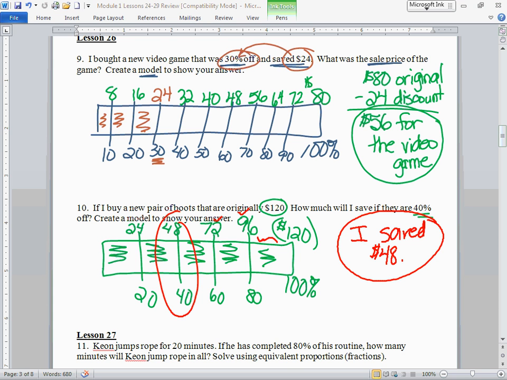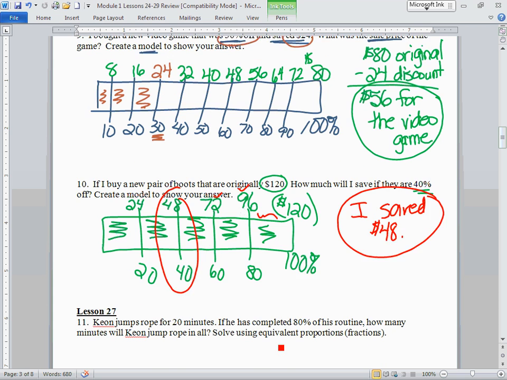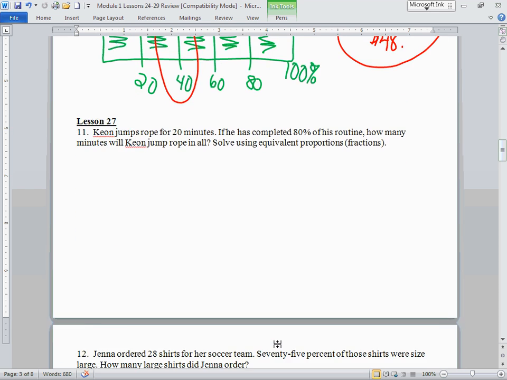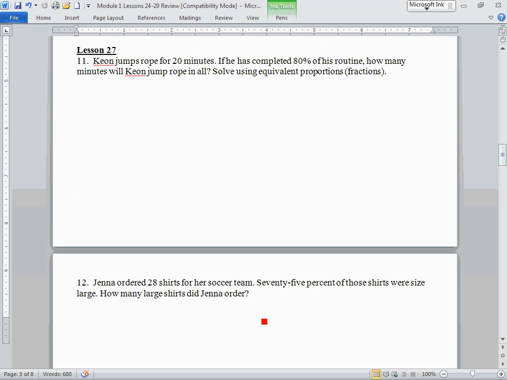All right, lesson 11. Keon jumps rope for 20 minutes. If he has completed 80% of his routine, how many minutes will he jump rope in all? Now they're asking for equivalent proportions or fractions. So if I see that, I know right away I'm going to write this to help me set it up. 20 minutes.